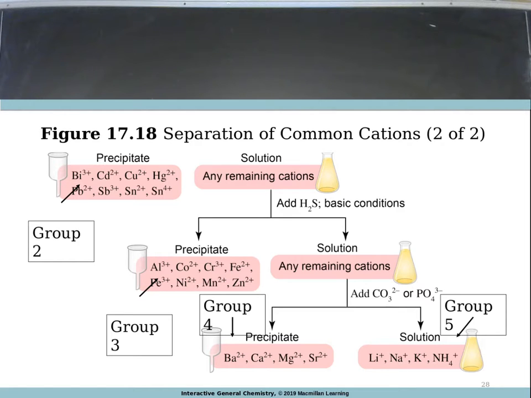But the basic idea is if you're careful with what you add and when you add it, then you can separate cations into these different groups and get an idea of what cations might be present in your unknown solution.